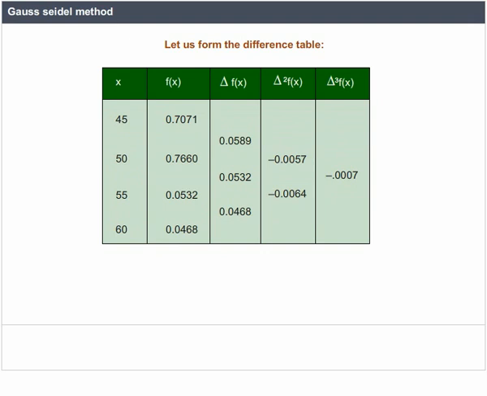Then Δ²f(x) follows minus 0.0057, minus 0.0064. Then Δ³f(x) follows minus 0.0007. Finally, f(a) equal to 0.7071, Δf(a) equal to 0.0589, Δ²f(a) equal to minus 0.0057, Δ³f(a) equal to minus 0.0007.